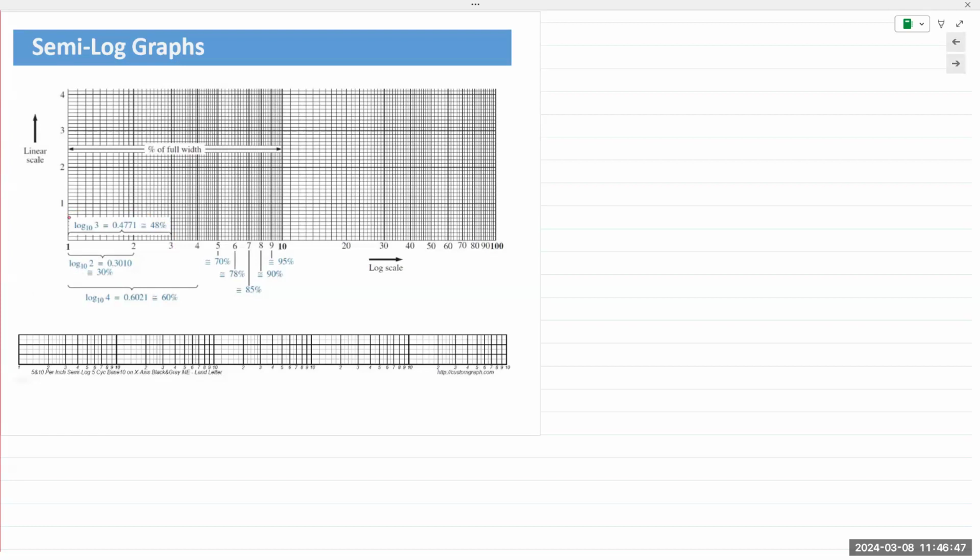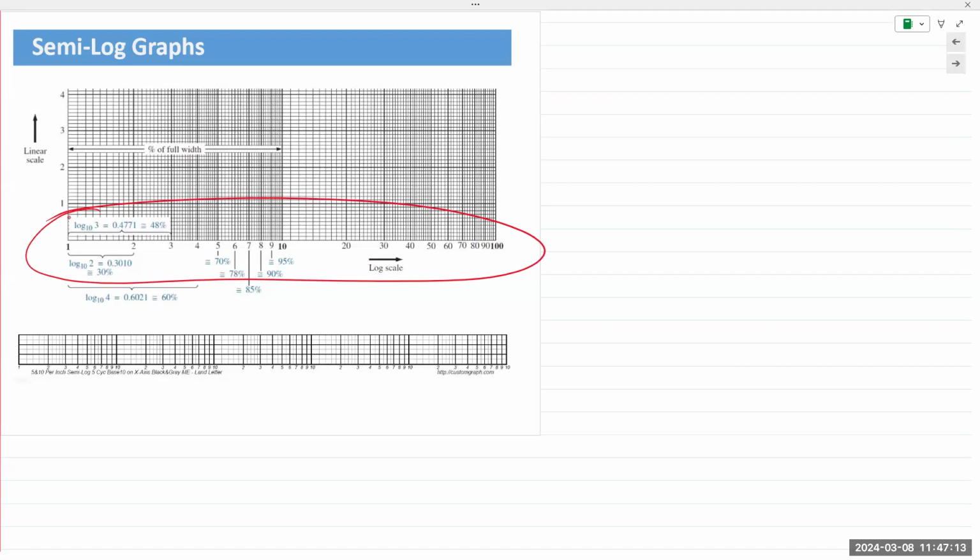The value of log 2 is 0.3. So it's spaced about 30% of the way from 1 to the end. Log 3, of course, is 0.4. So from division number 1 to division number 3 is log of 3, and so on and so forth. So the log scale on a log chart actually describes the physical distance between each division.